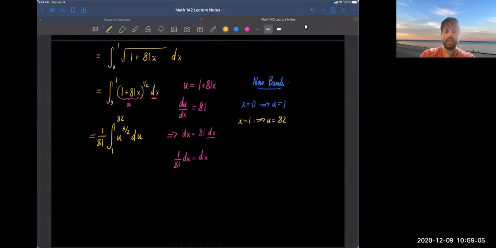And I can now take the antiderivative. Oh, wait, Tosif, you're right. I jumped the gun. This should be 1/2. The antiderivative of u to the 1/2 would be u to the 3/2, and you have the 2/3 next to it, correct?